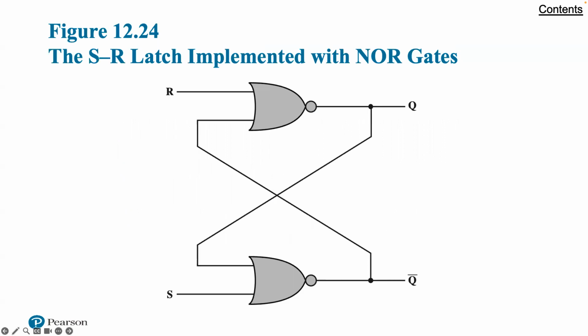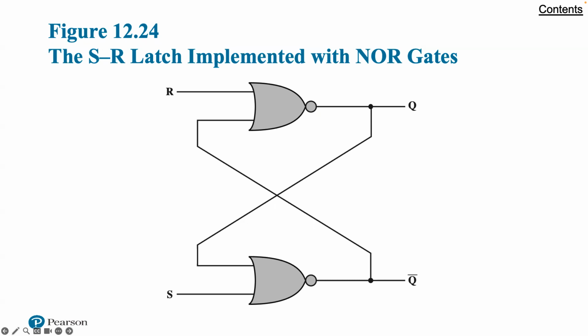Here's an illustration of a flip-flop, the SR latch. Figure 1224 shows a common configuration known as the SR flip-flop or SR latch. The circuit has two inputs, S, which is the set, and R, which is the reset, and two outputs, and consists of two NOR gates connected in a feedback arrangement.